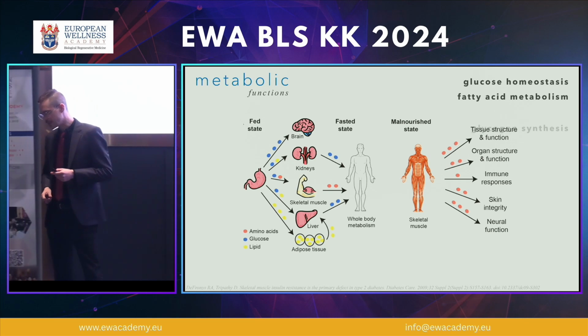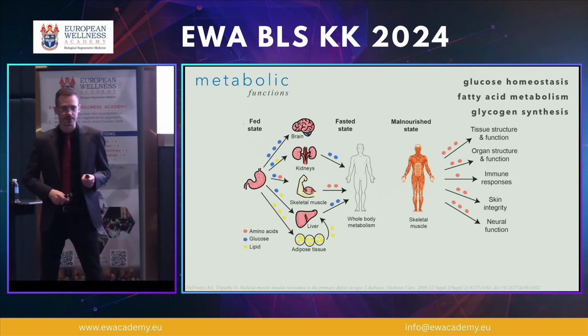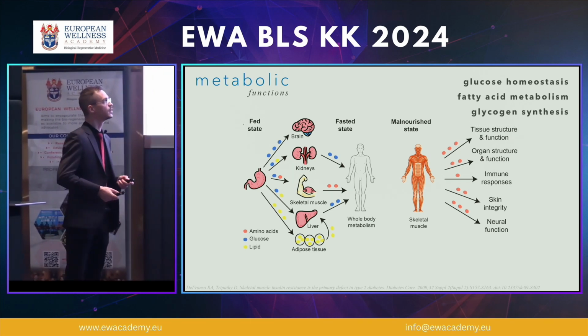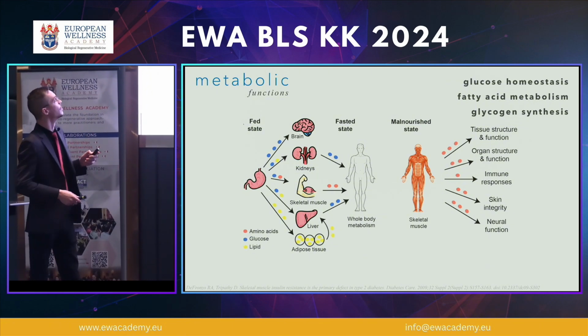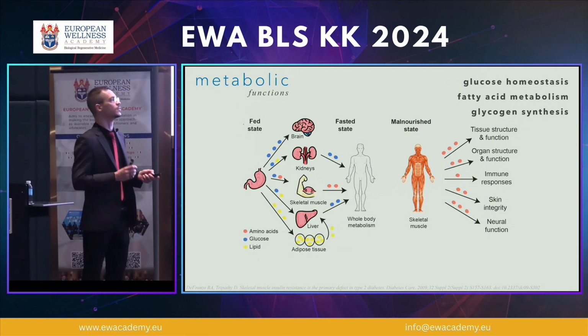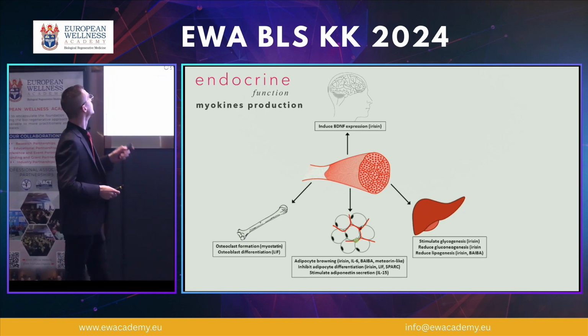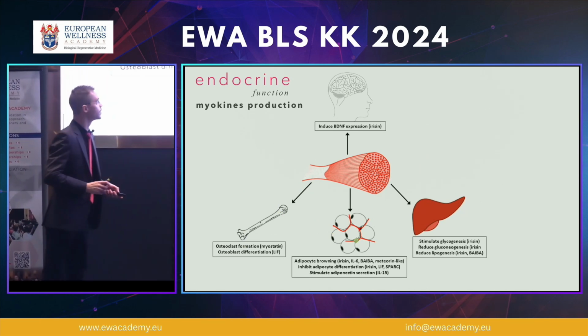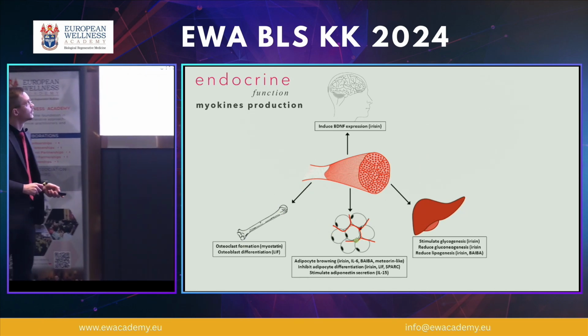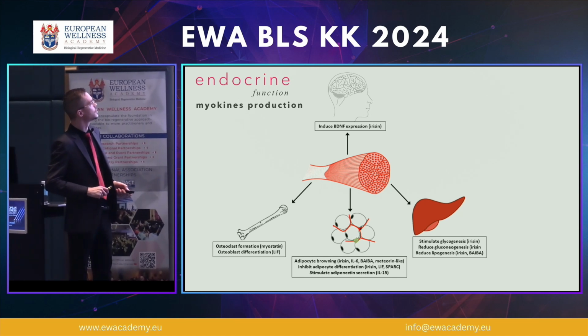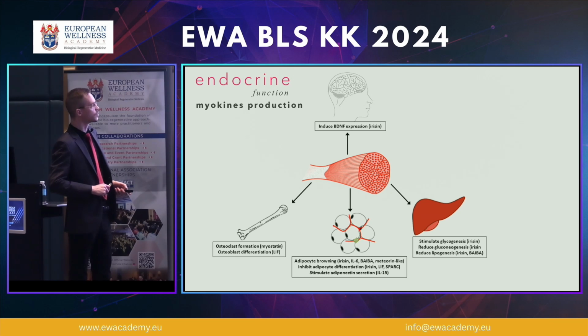On top of that, let's not forget that muscles are not just for movement. Muscles also perform metabolic functions. Let's not go into the depths. They also perform endocrine functions. Interestingly enough, muscles produce myostatin. This myostatin controls lots of processes.